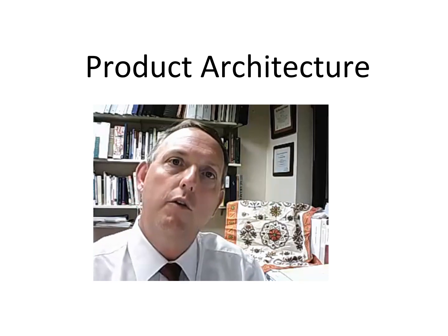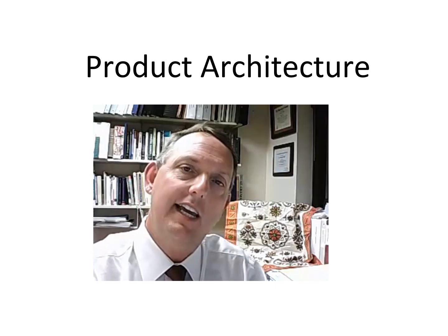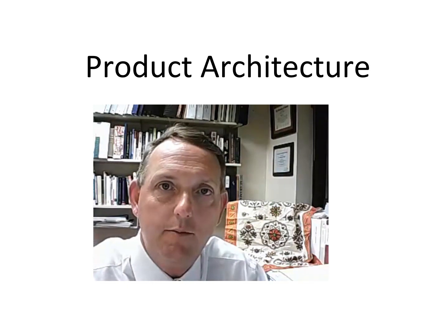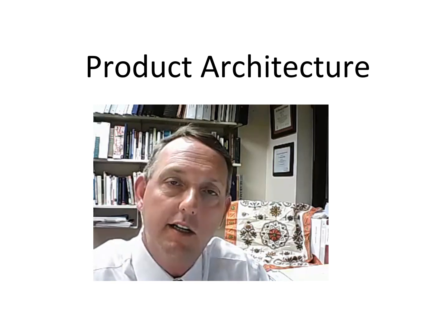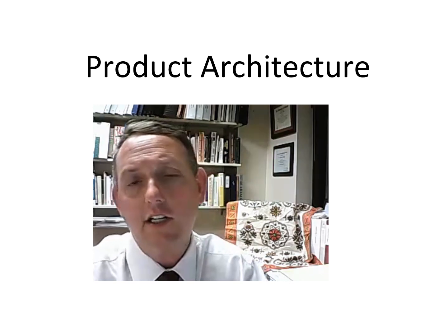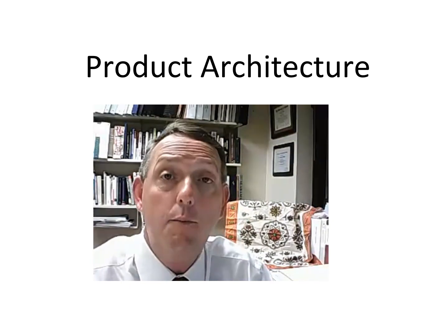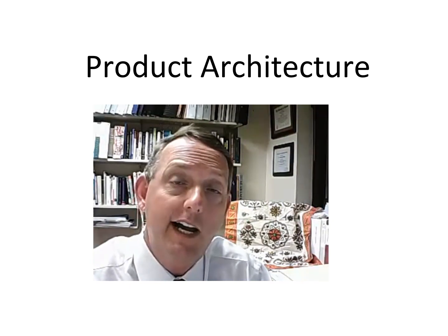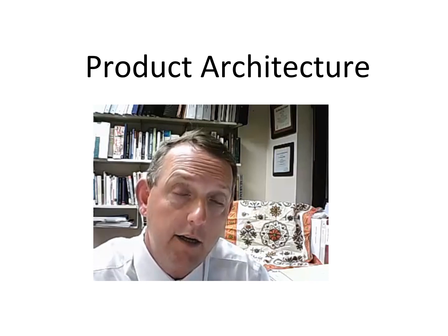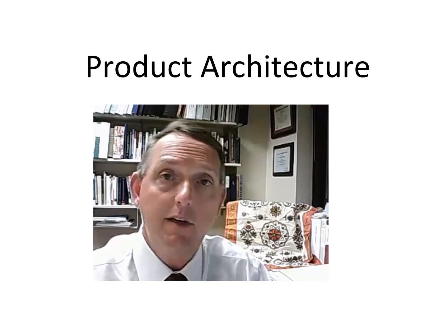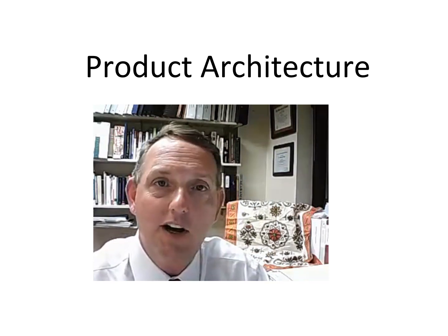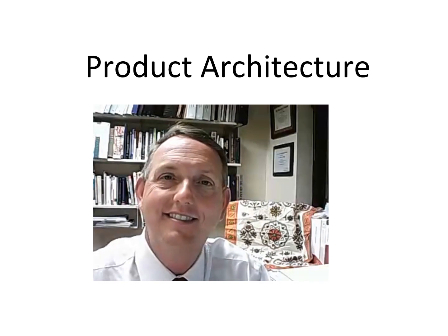And then those parts come together again to be assembled to create the product that we want to use. So product architecture deals with the design and the engineering of how pieces go together to actually build a product. So that's what this segment is about, product architecture.